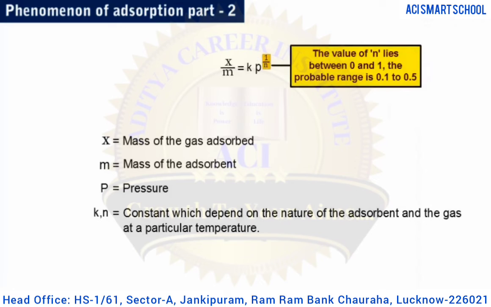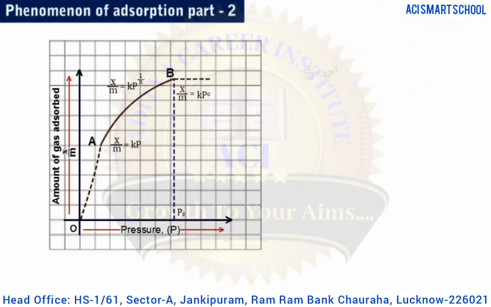Note here that 1 by n has a value between 0 and 1, and the probable range is 0.1 to 0.5. Now, when 1 by n is 0, x by m is constant, and it is in this part of the curve that adsorption is independent of pressure.